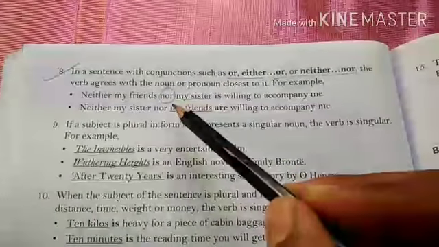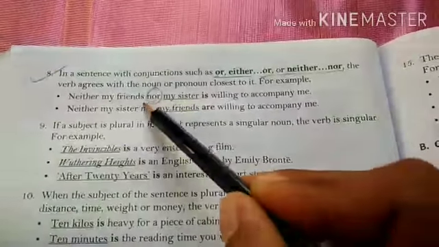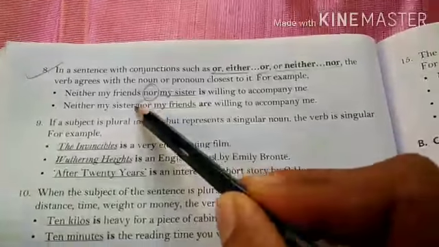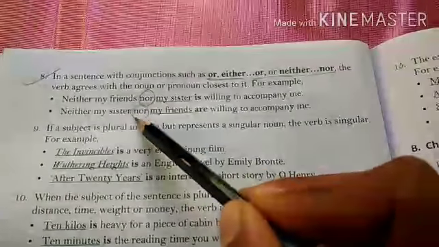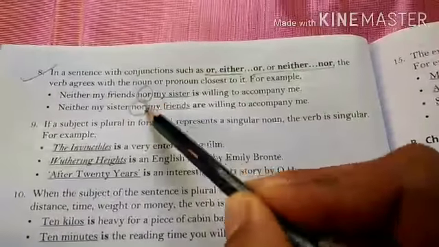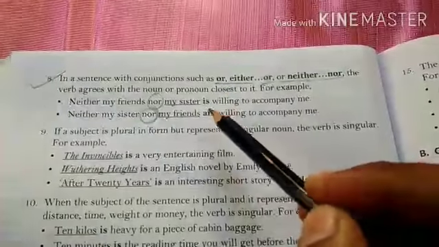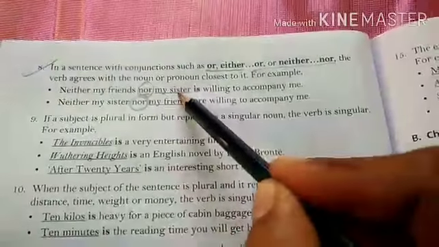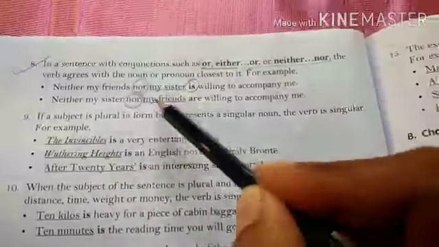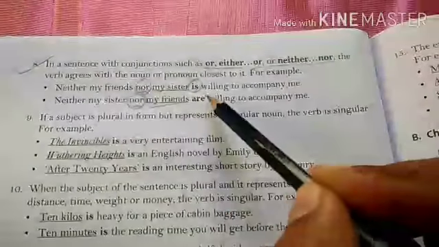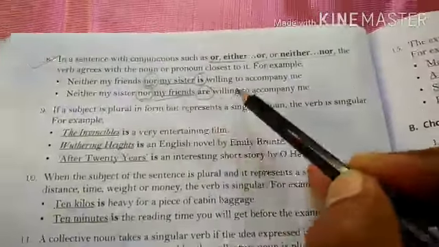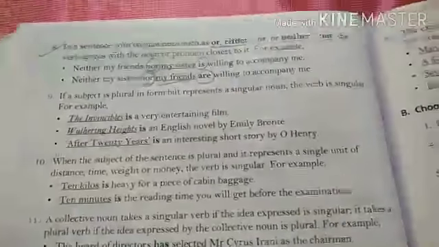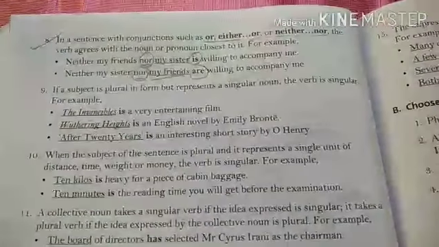If after or and nor the noun is plural, then it takes plural verb. If the nouns after nor and or is singular, then it is singular verb. Like after nor we have my sister, singular, so singular verb. After nor we have my friends, so plural verb. So this is the same explanation as I did in point number 7.